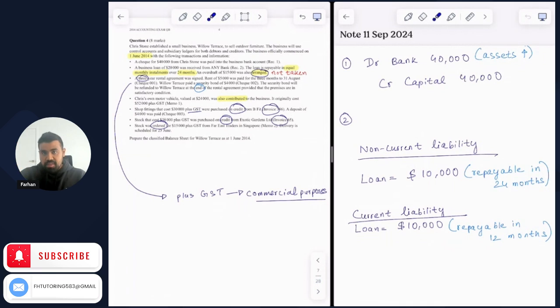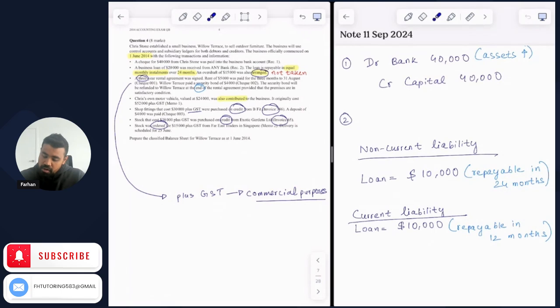Then the other $10,000 is going to be repaid at the end of 24 months, which is at the end of 2 years. And because this is after 12 months, this is no longer a current liability, but rather a non-current liability, which refers to an obligation which is not due within the next 12 months, but after the next 12 months. And in this question, it is due at the end of the next 24 months.